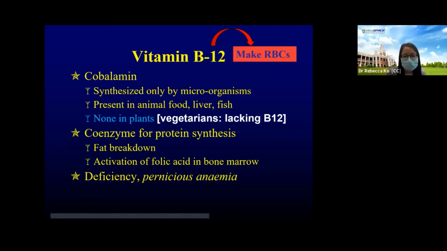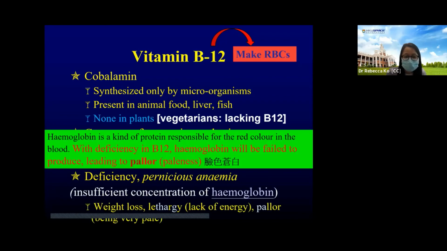We have anemia, that is pernicious anemia. What does that mean? That's the insufficient concentration of hemoglobin, because hemoglobin is a protein responsible for the red color of the blood. With the deficiency of B12, hemoglobin fails to be produced, leading to paler, white-looking blood, right?